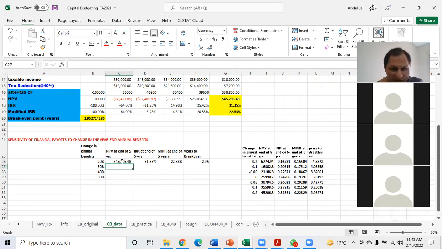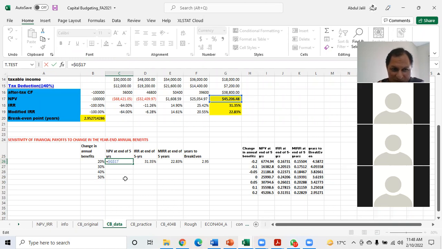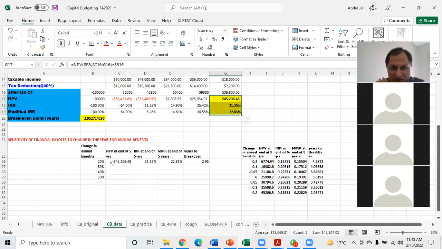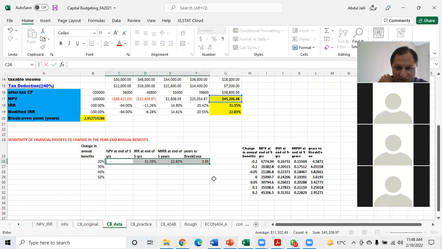Therefore, I'm not suggesting that you create the link, because whenever you have created this link and you change something here, these values are going to change automatically, and all previous values are going to change. Therefore, it's better that whatever values you have, just like these values, you add them by yourself.